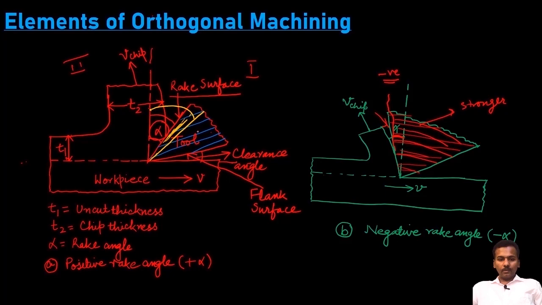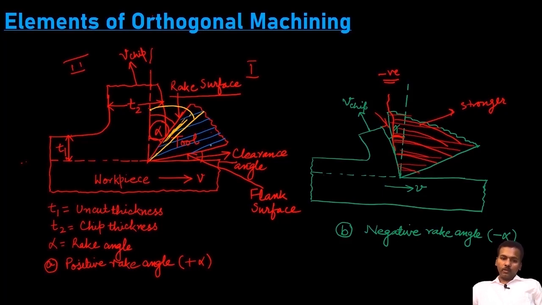Further, at any time, due to the jerk or thrust, the tool may get fractured. That is why this alpha angle is kept within a limit of 15 degrees in case you are going to machine mild steel with the high speed steel tool.